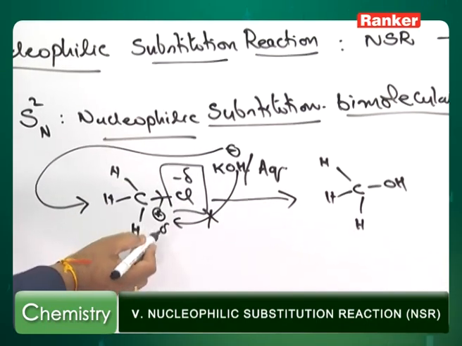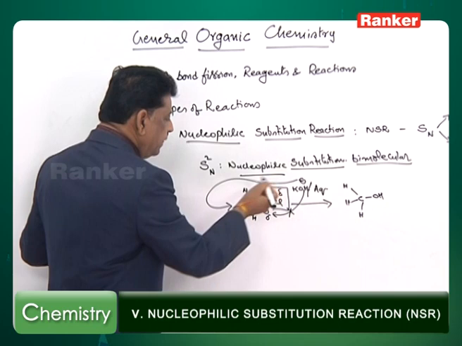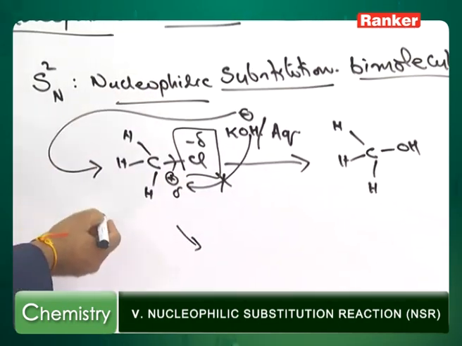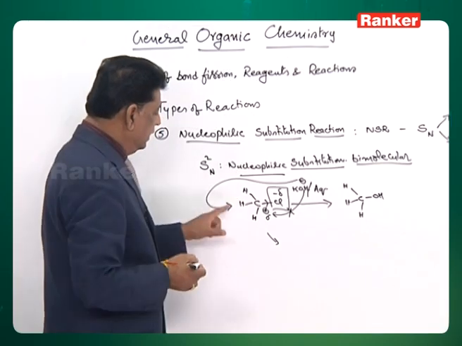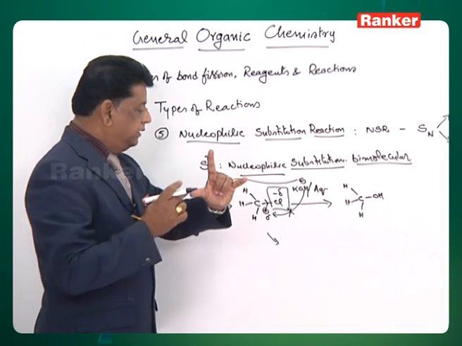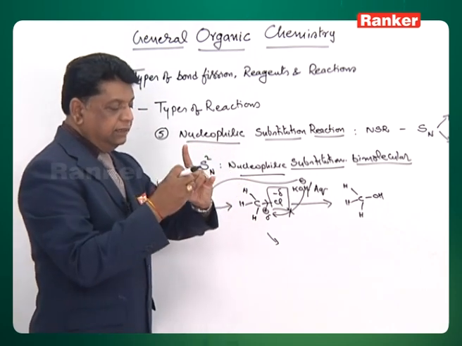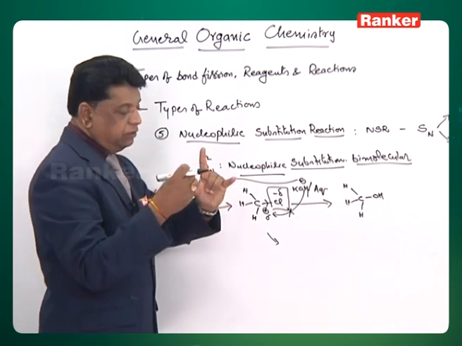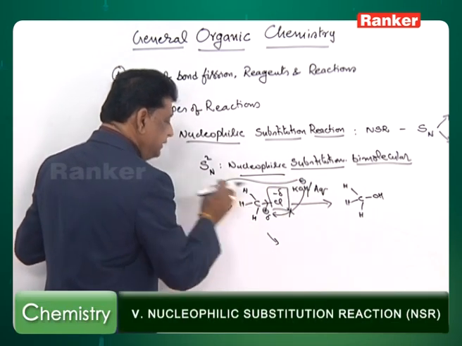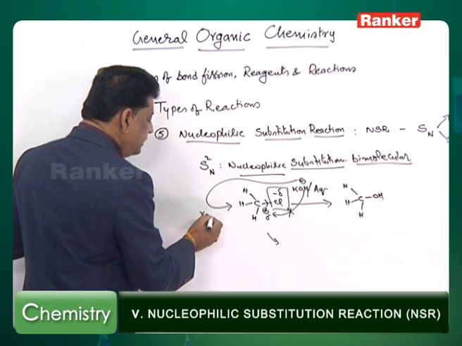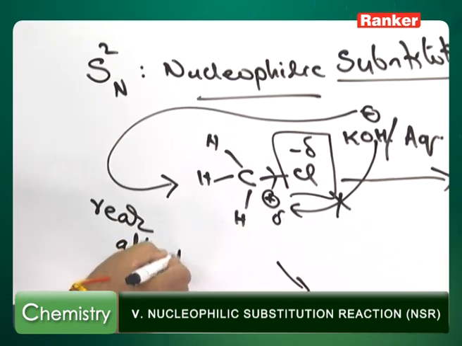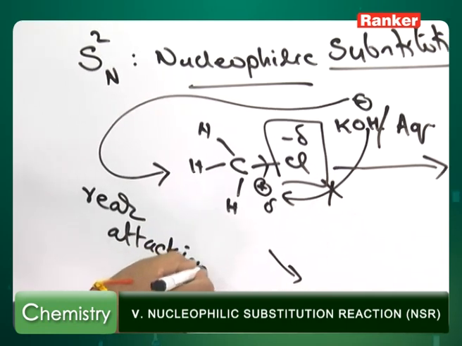The Cl will have a delta minus, this will have a delta positive, and as the OH comes closer and closer, it seems like this hydrogen is on the way, but actually the hydrogens are arranged like this, and there is nothing between these three hydrogens. So the OH can approach exactly from the back side of the Cl.